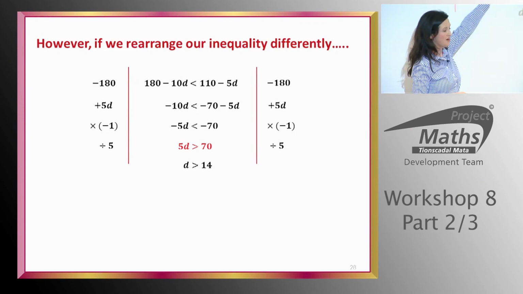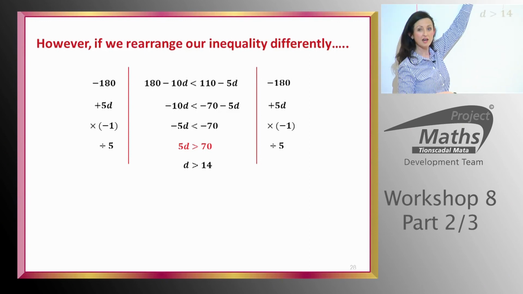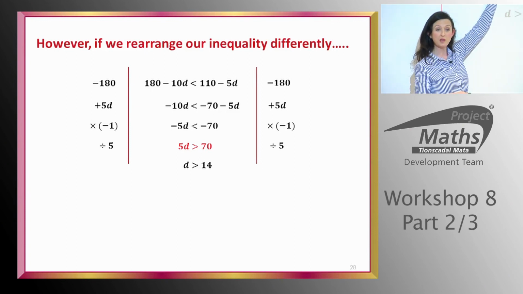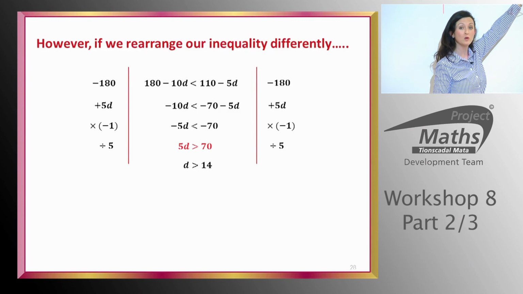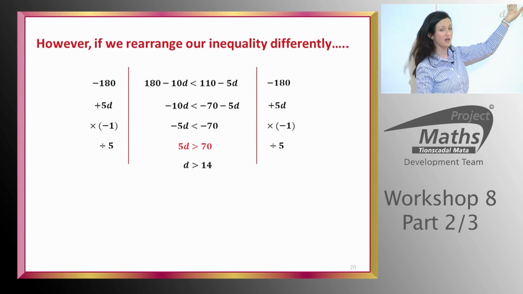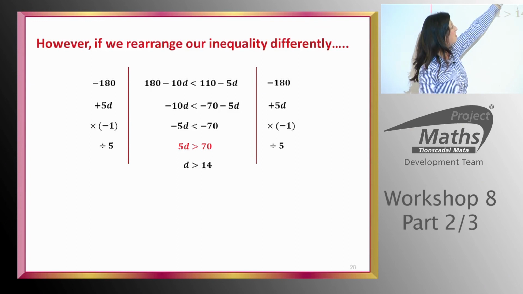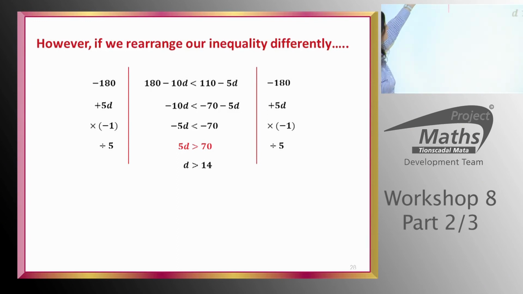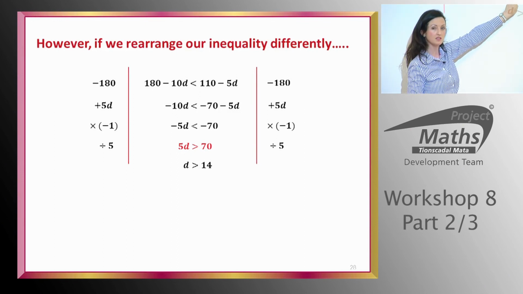But what we have to do here is, if we have a minus on both sides, what we would typically do is multiply across by minus 1 and get rid of my minuses, which is going to be fine in an equation, but in an inequality we're going to run into a wee bit of bother. When you multiply across by a minus 1 on both sides, we're going to have to change the direction of the inequality.